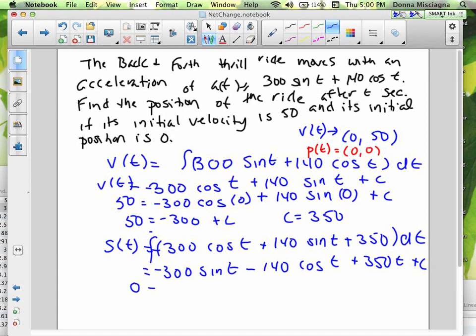So 0 equals negative 300 sine 0 minus 140 cosine 0 plus 350 times 0 plus c.